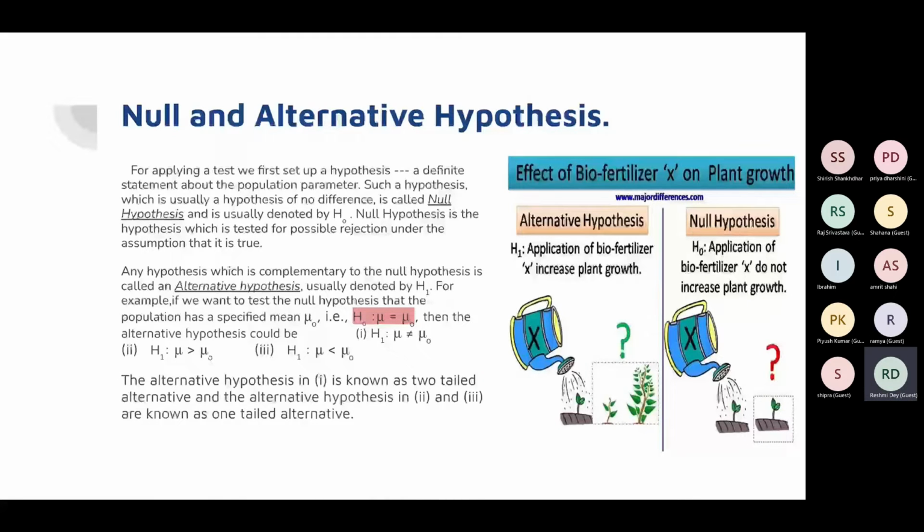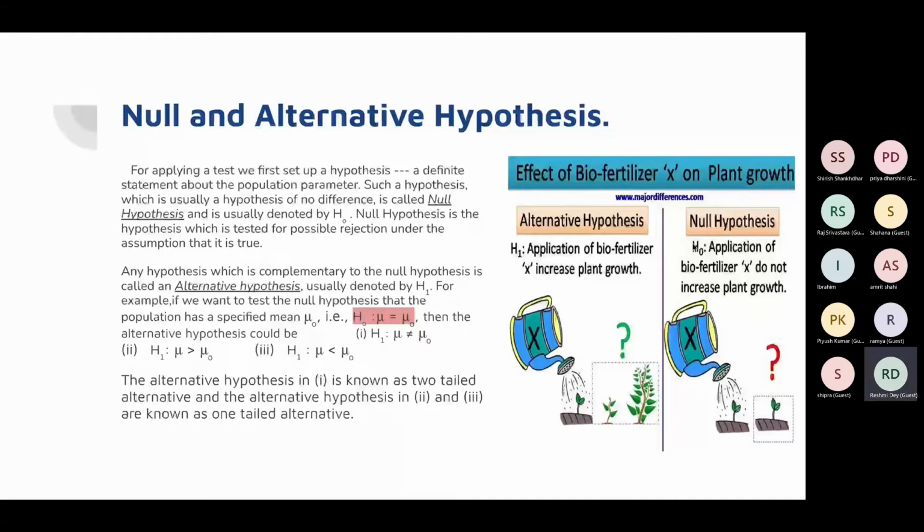Such a hypothesis, a definite statement about the population parameter, which is usually a hypothesis of no difference, is called the null hypothesis and is usually denoted by H naught. The null hypothesis is the hypothesis which is tested for possible rejection under the assumption that it is true. So at first, I will assume that my null hypothesis is always going to be true.